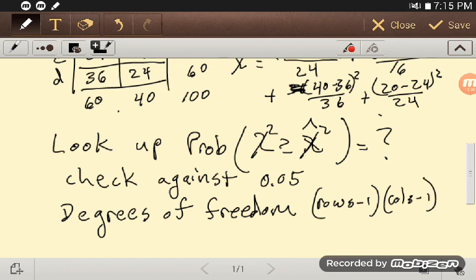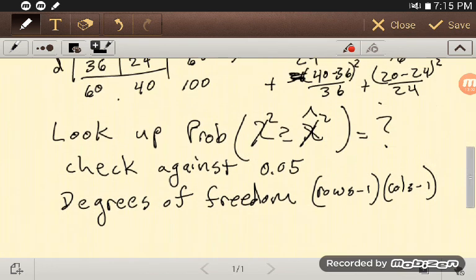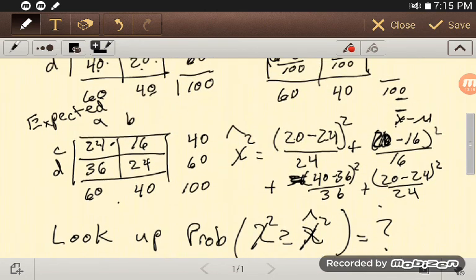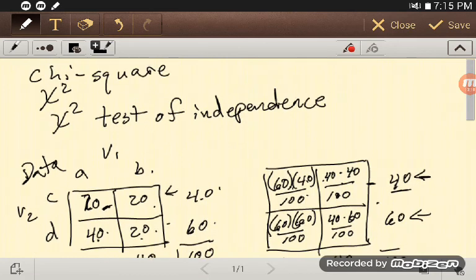And that gives us our degrees of freedom, and we need to look at that when we look up our number. So that's in your textbook, and so that's an introduction to what we have to do for this chi-square test of independence.